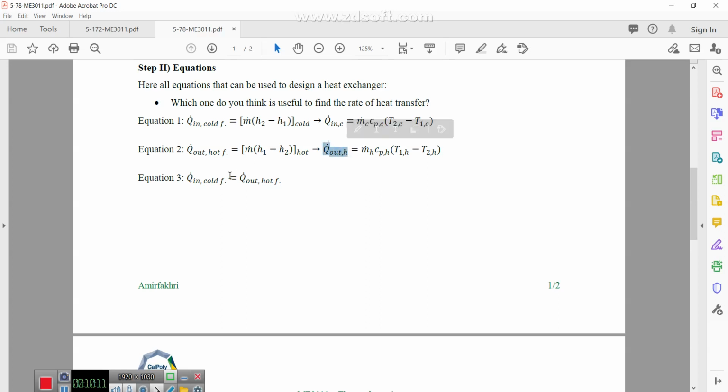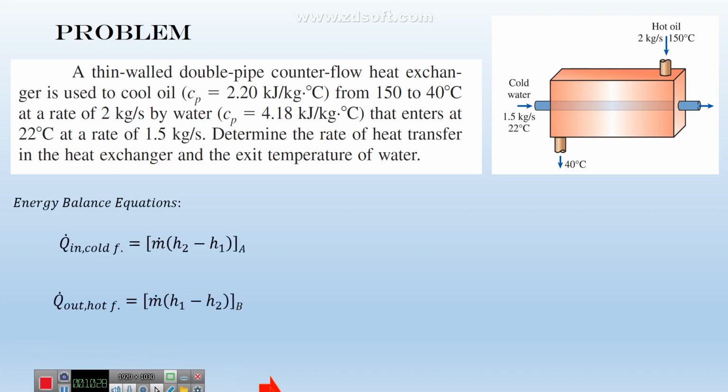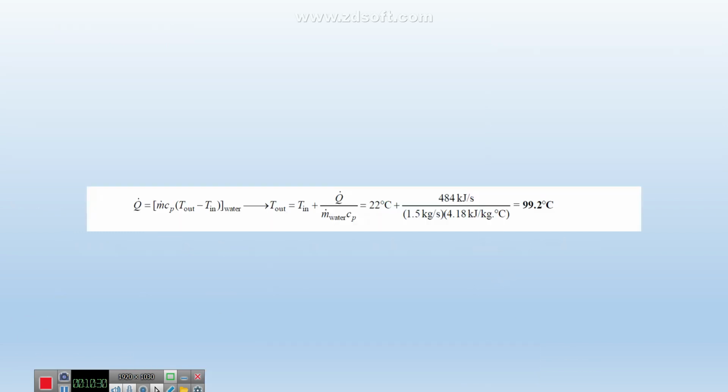And from the third equation, you know that this Q dot out equals the Q dot in of cold fluid. So you have the Q dot. You can substitute here to calculate the exit temperature of cold fluid. Here is the calculation for the second part. So you can simply find the exit temperature of cold fluid.